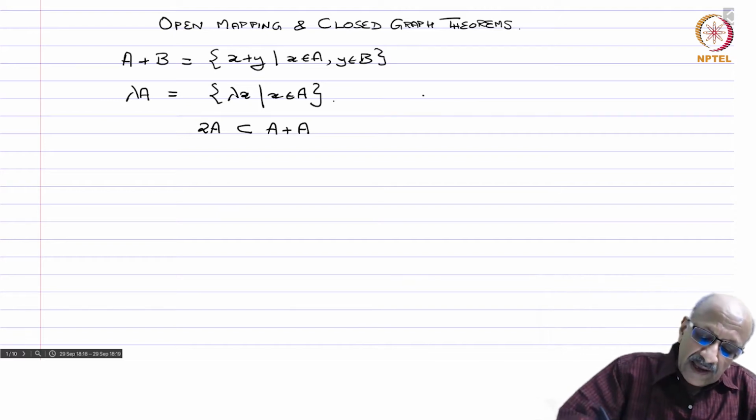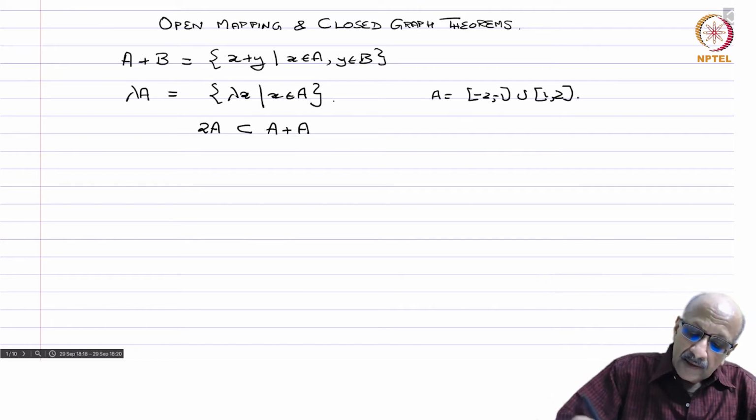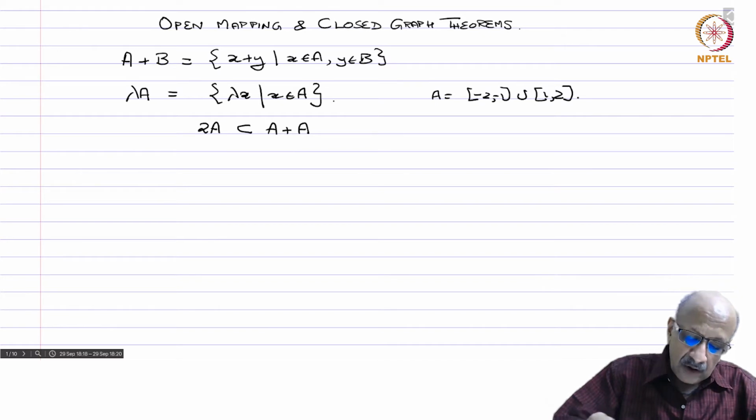For instance, if I take A to be the set in the real line, say minus 2 to minus 1, union 1 to 2, then 0 will be in A plus A, but it is not in 2A. Because 0 is not in A, so it is not in 2A also.